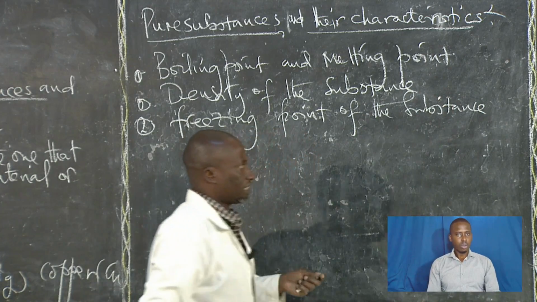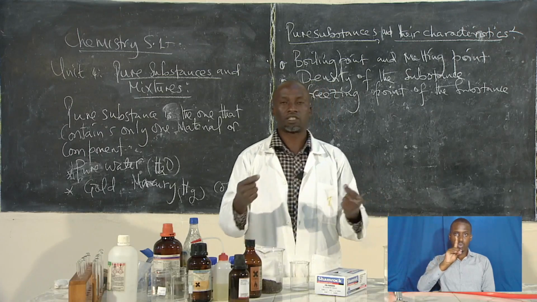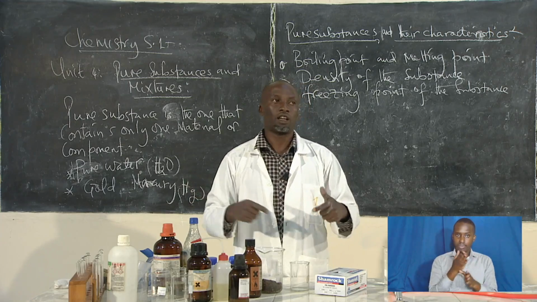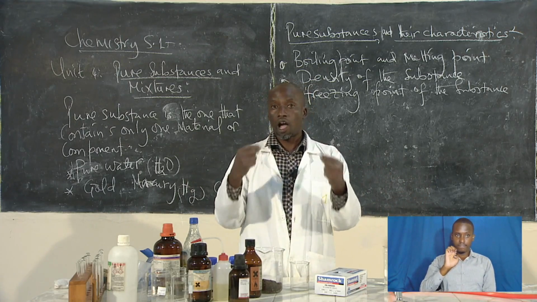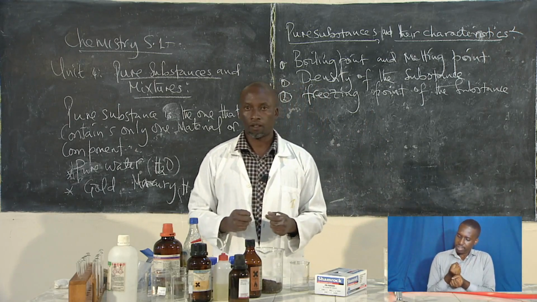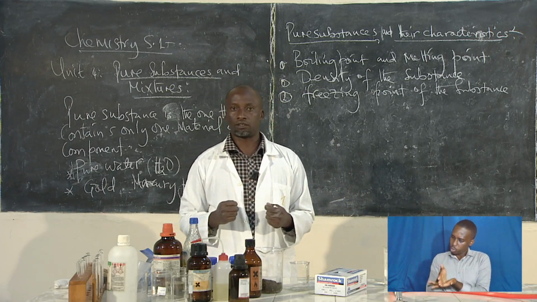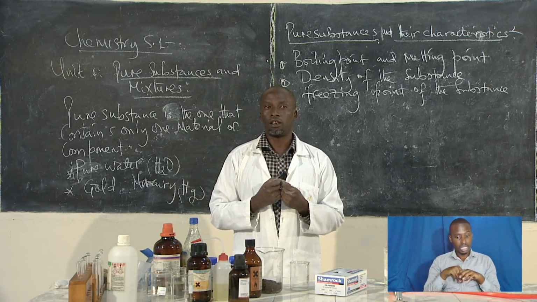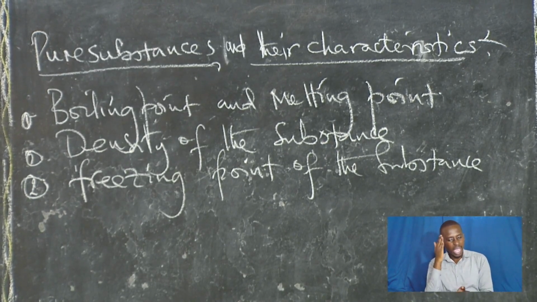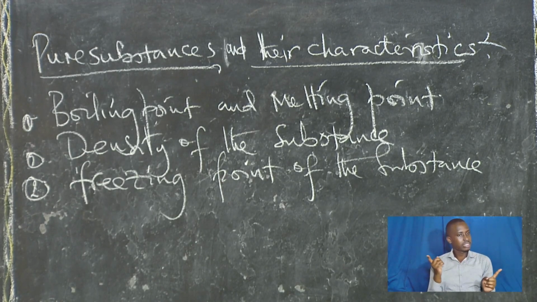In case the substance is a liquid, you can also determine the freezing point, because liquid substances also have definite freezing points. So that is how you can tell that this is a pure substance. But in nature, as I said, it is very difficult to find pure substances. Though they exist, it is very difficult to find.